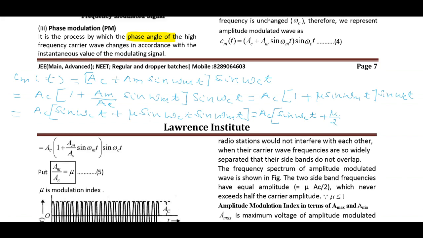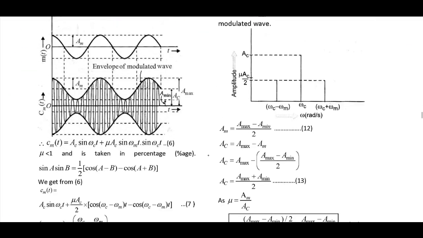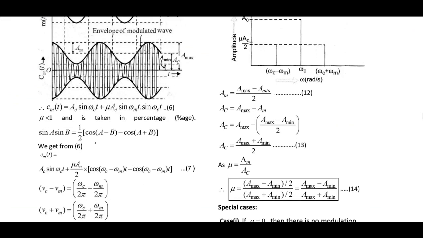Mu divided by 2. We have a formula; note it down. Twice of this formula is written here. I will show you directly from the notes. This is the formula: sine A sine B is one half of cos(A minus B) minus cos(A plus B). I shall make use of this formula.